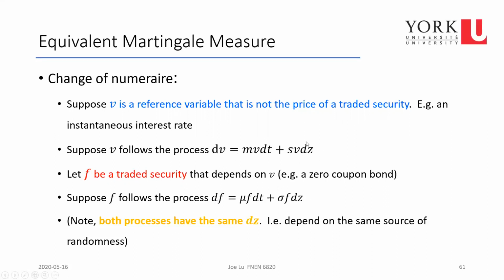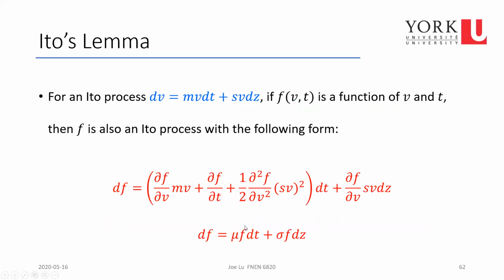Therefore, both of them share the same set of random risk factors. Here, if V follows this process and F is a function of V, this part is deterministic, and this is the random factor, so this is the risk factor here.